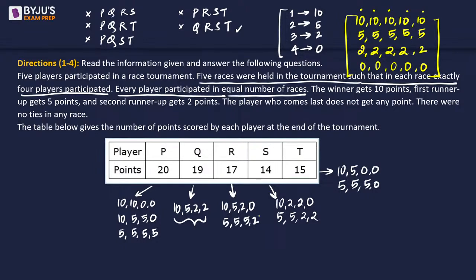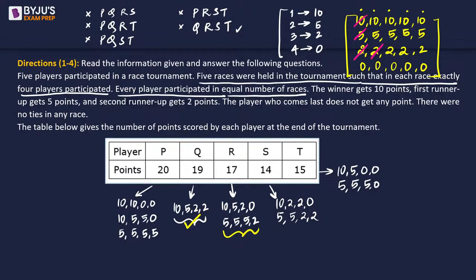So since Q's part is fixed, can we say 1 10, 1 5 and 2 2s? ये तो यूटिलाइज हो ही गए, right? Now we can have the further combinations. Further combination का मतलब है, now if we look at R, तो R के पास एक 5 तो for sure आएगा और एक 2 भी आएगा ही, है ना?